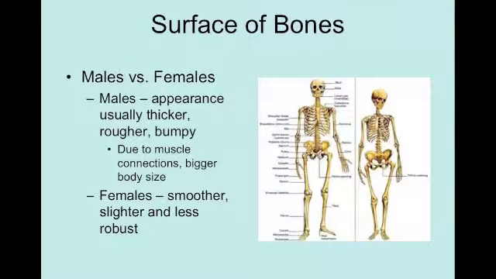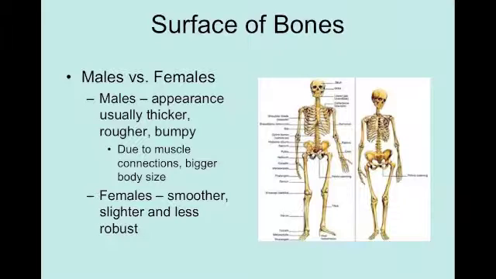I want to talk about some easier things to identify. First, in identifying male versus female. If we have a full skeleton or close to it, we can look at the overall appearance of the skeleton. Males tend to be bigger, thicker bones. The bones tend to be rougher, more bumpy, and that's due to larger muscle connections.